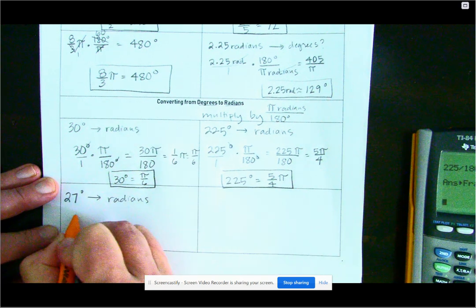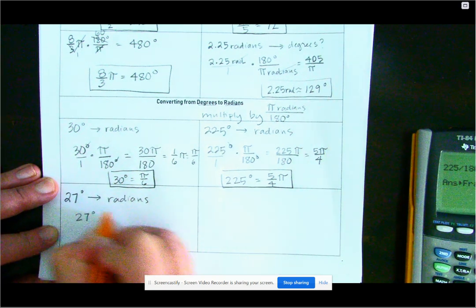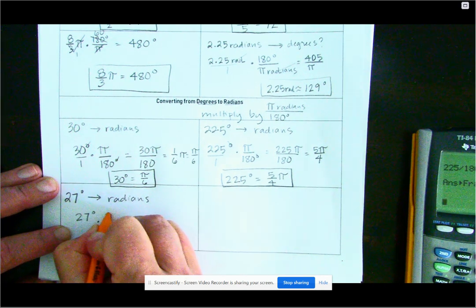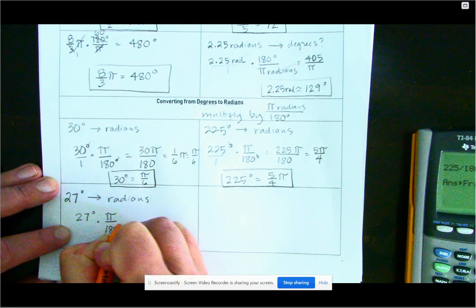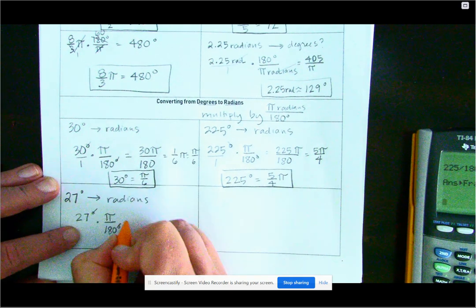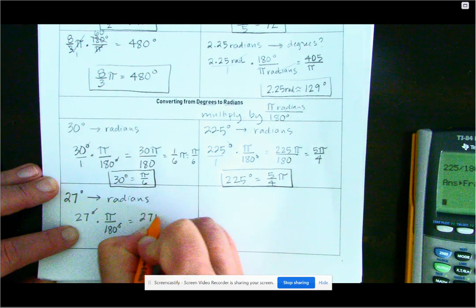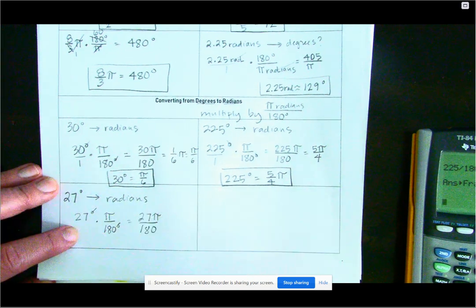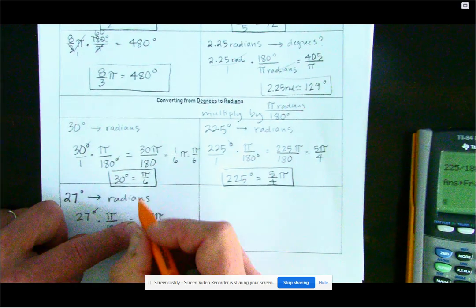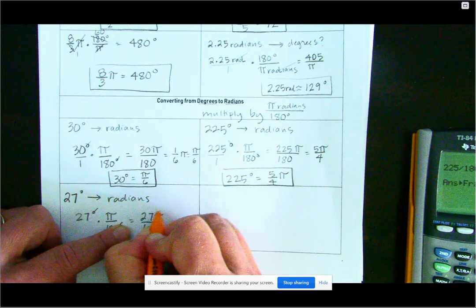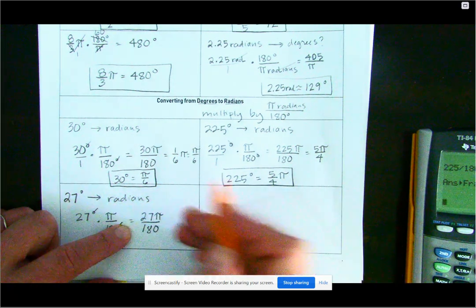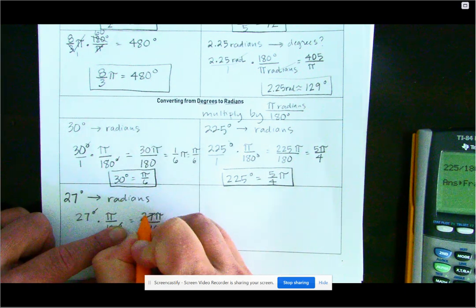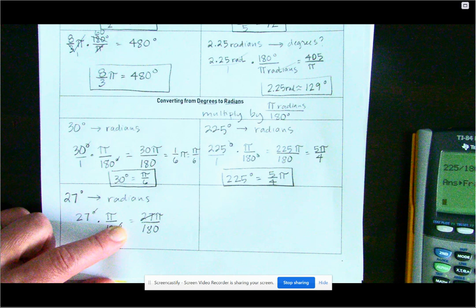So the conversion factor, we have 27 degrees times pi over 180. Degrees cancel out. So we have 27 pi over 180. Hey, I know 9 goes into both of those. Watch me do this one without a calculator. Since 9 goes into both, again, I'm ignoring pi when I simplify, so I'm dividing both numerator and denominator by 9.